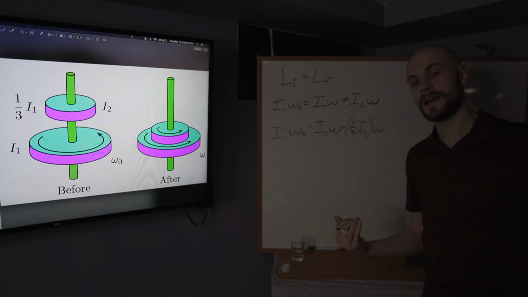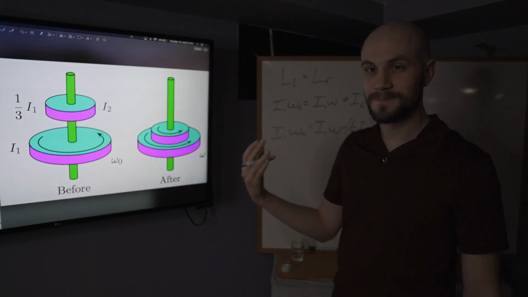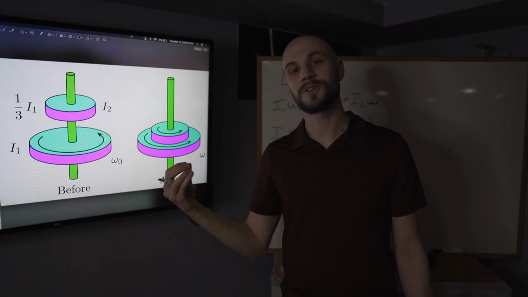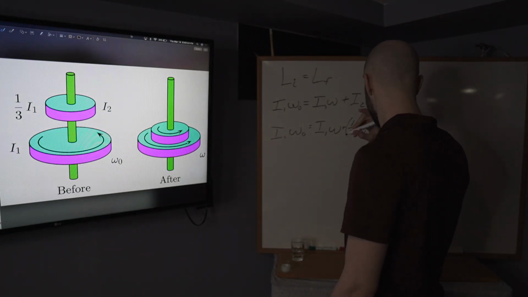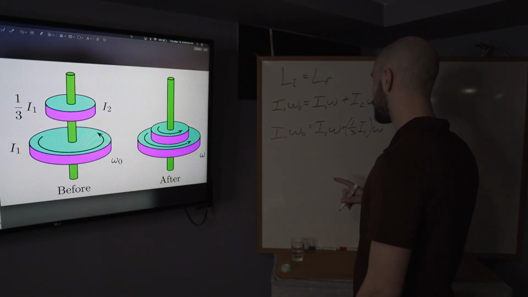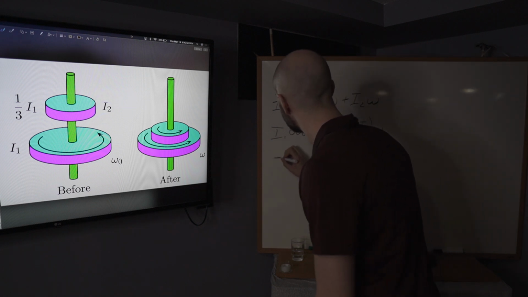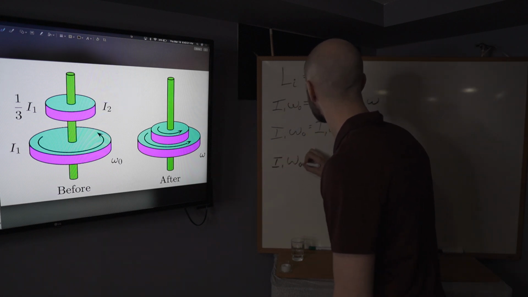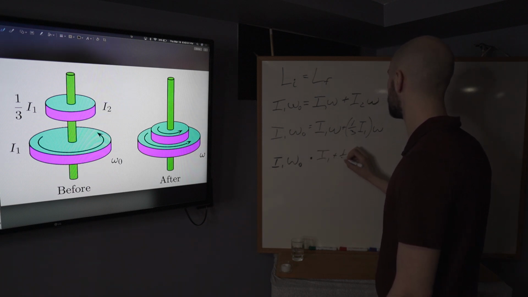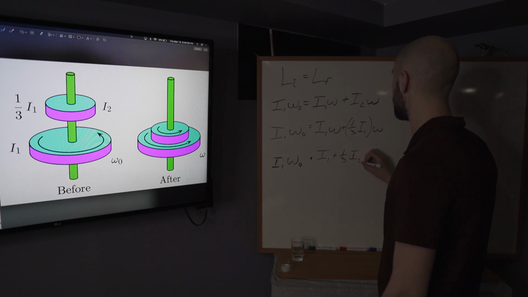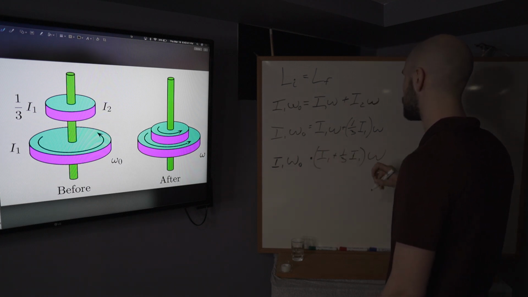From here on out, all we have to do is simplify and solve for the final angular velocity. I'm going to pull out the omega. I1 omega naught is equal to (I1 plus 1/3 I1), in parentheses, multiplied by omega.